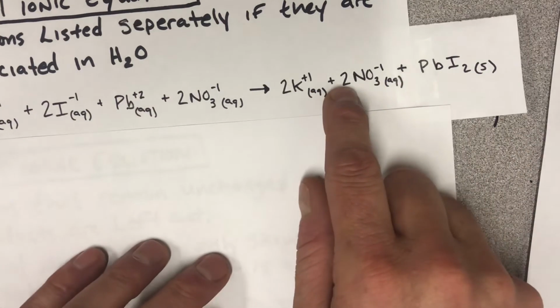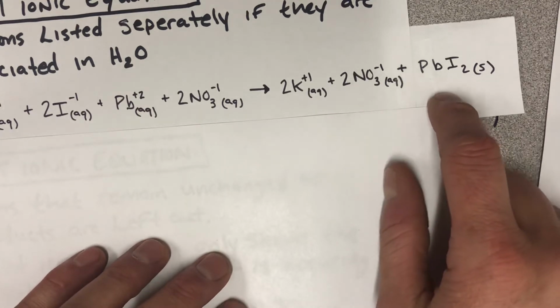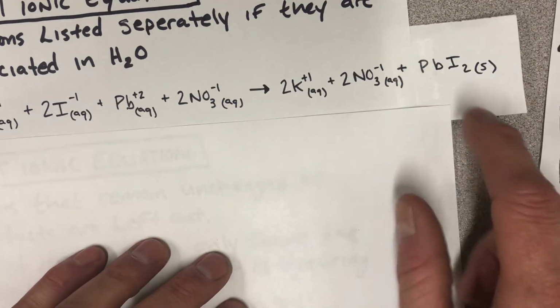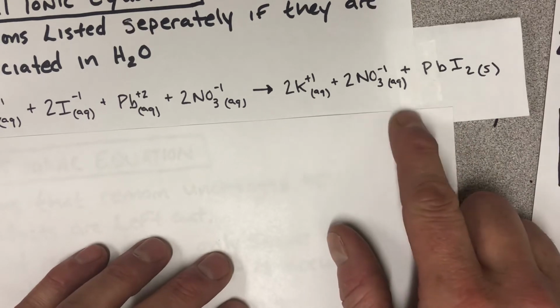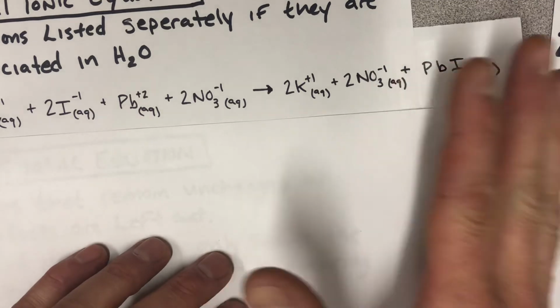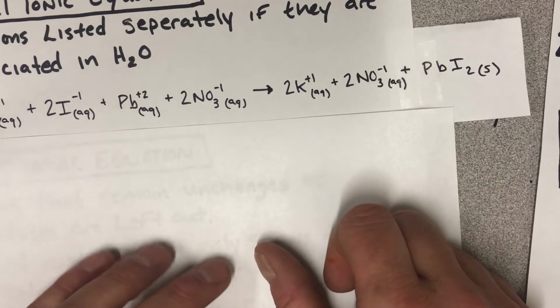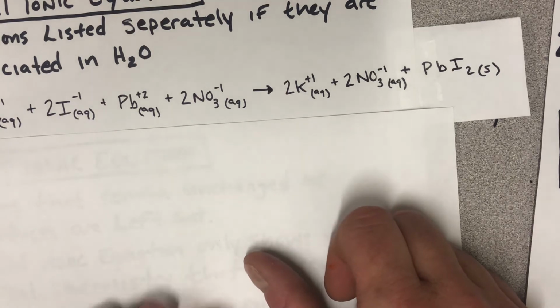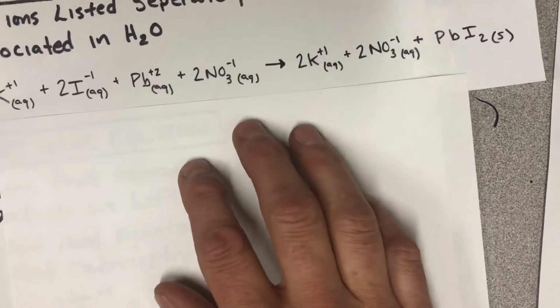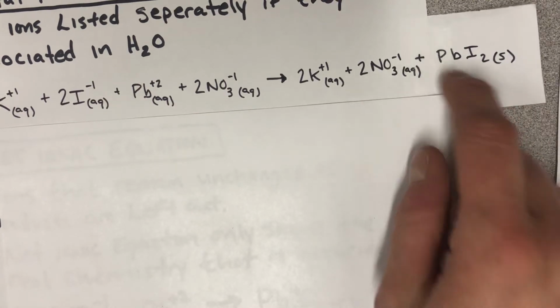And where the real chemistry has happened, though, is to produce this lead(II) iodide solid. In a total ionic equation, if you end up with a solid compound, you don't break it up into its ions. That's only for aqueous chemicals.